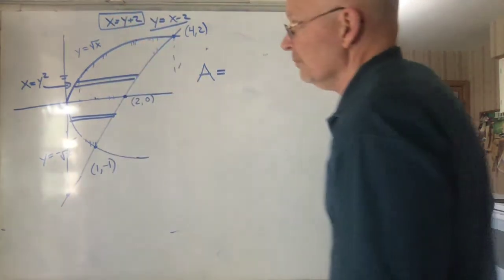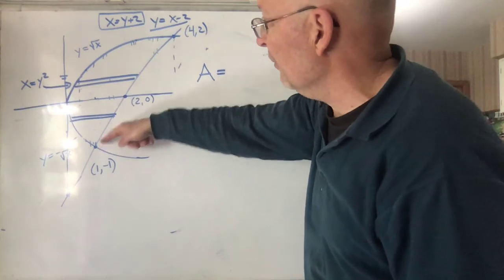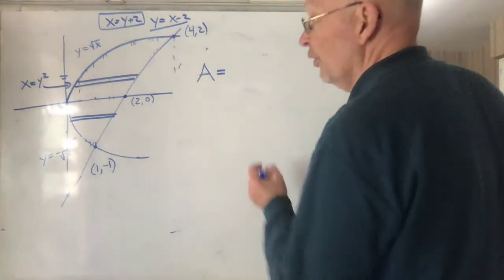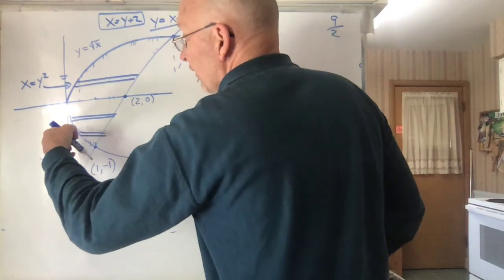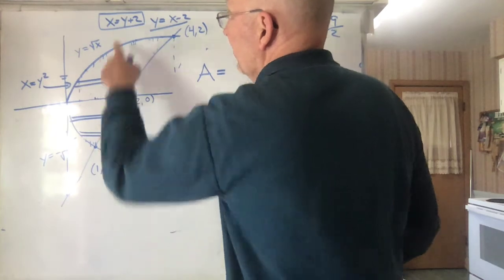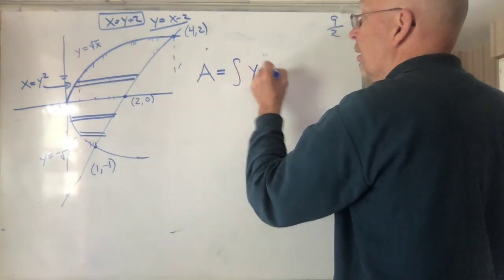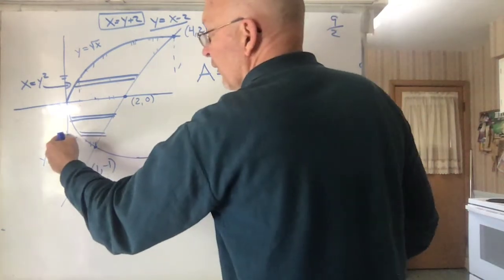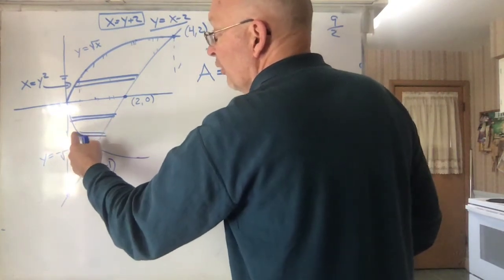See that? So think about it. From here to here, starting at the bottom and going up to here, look at what we're doing. For every value of y here, we're taking the bigger value of x, that's this one right here, minus the smaller value of x.